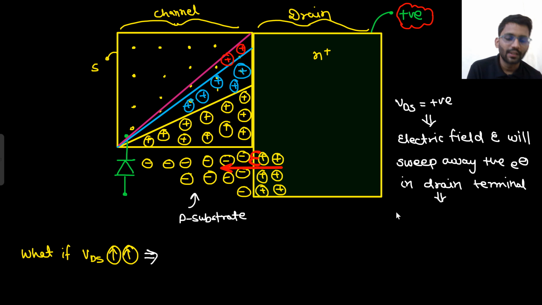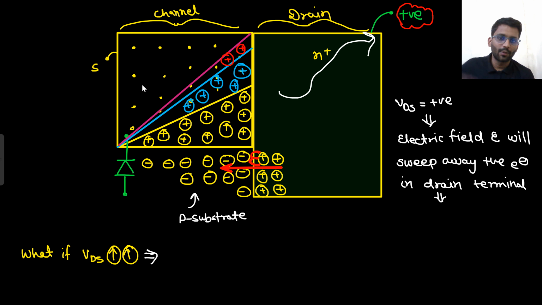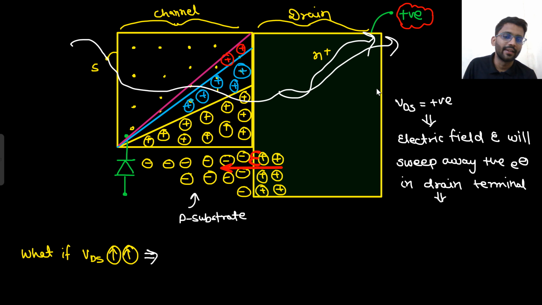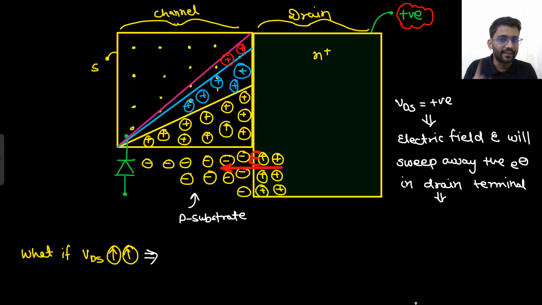And the current flows. What will be the direction of current? Electrons are going in this direction. From the source they are coming through the channel and then they are going to the drain. Then what will be the direction of current? The direction of current will be from drain to source, because the direction of current is always opposite to the motion of electrons.